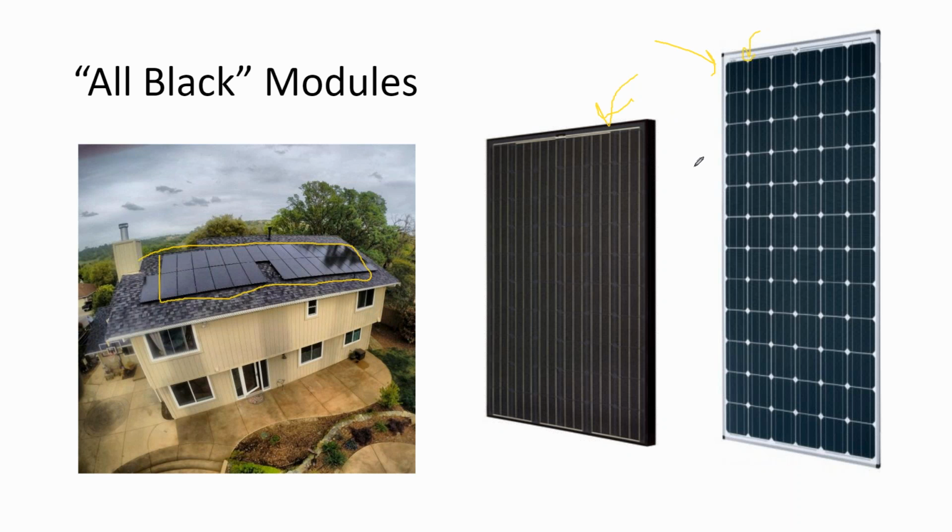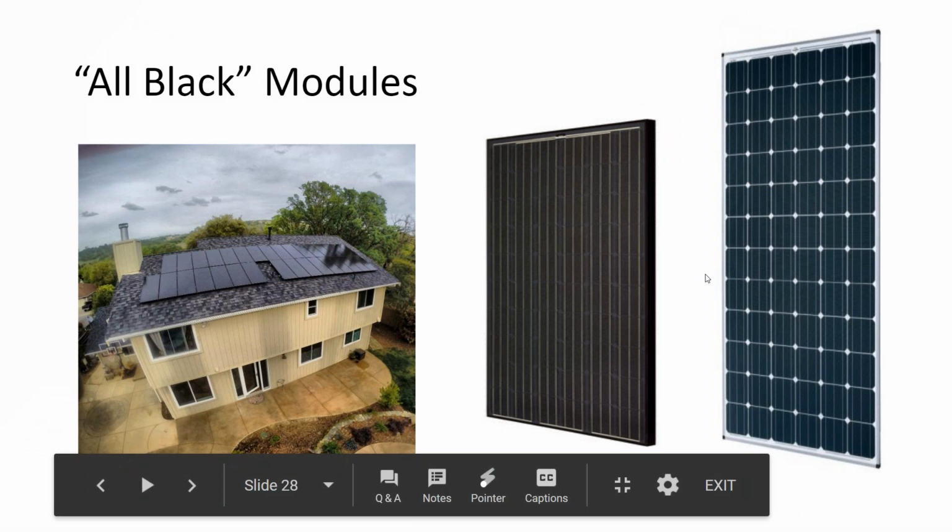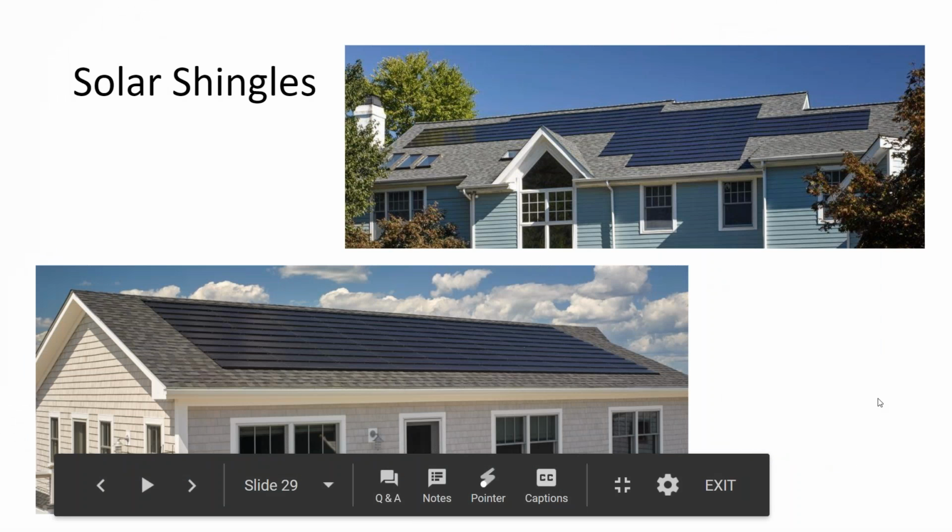This has a black frame and a black back sheet, and that eliminates all these little white spots that would otherwise show up on the array. Now, there are exceptions to that. If you have a silver metal rooftop, the silver frame solar panels can look quite nice. But for the most part, I'm telling my customers, consider going with an all black panel because it looks better.